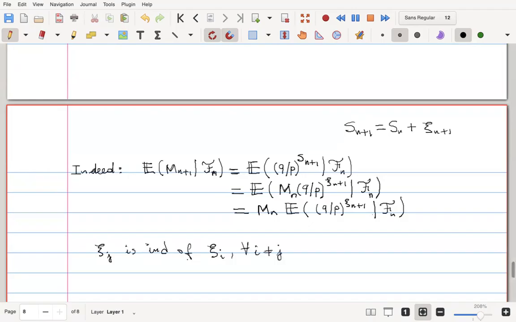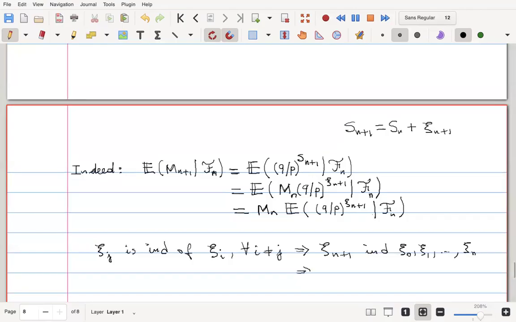If that is the case, this will imply that if I fix j to be psi n plus 1, this will be independent of psi 0, psi 1 up to psi n. That is everything except psi n plus 1. So if it's independent of this, it will be independent of the sigma algebra generated by all this.